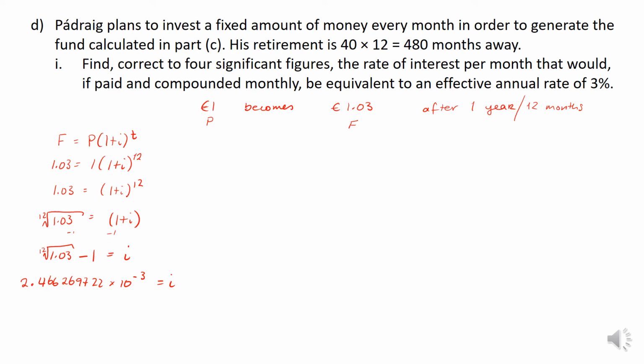So let's undo that. 1, 2, 3 places here and fill them in with zeros. So the same number would be 0.002466, etc. All of that. I'll add in a few more digits just for now. So with 269, okay, equals I.